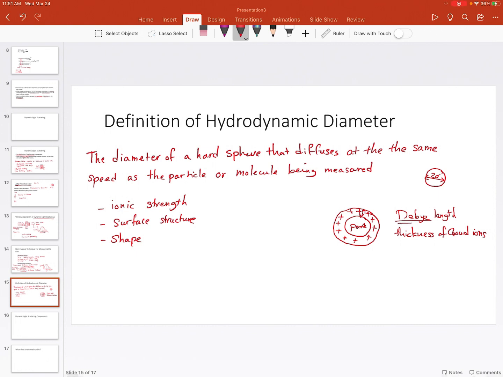This parameter is inversely proportional to ionic strength. What that means is that if the ionic strength is high, for example, we have a strong positive layer on this particle, the Debye length is going to be less. So if we have a high ionic strength, the Debye length is going to be less.